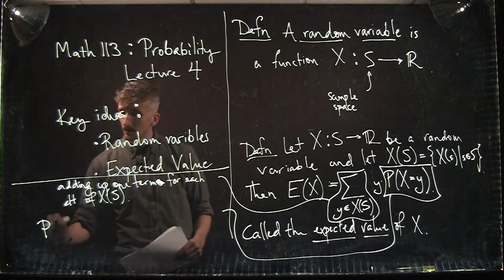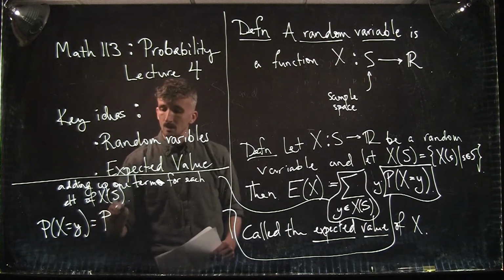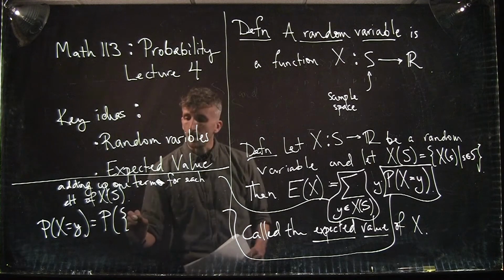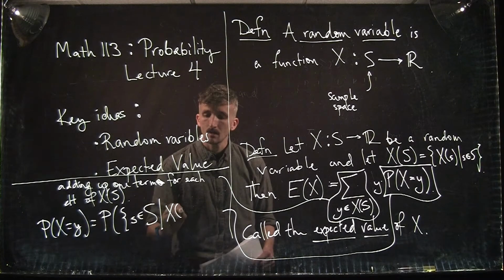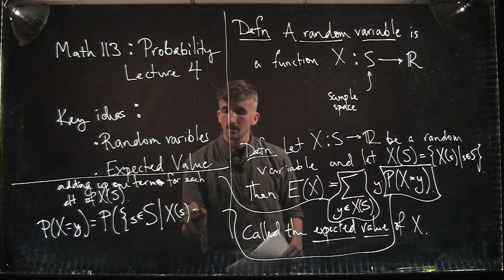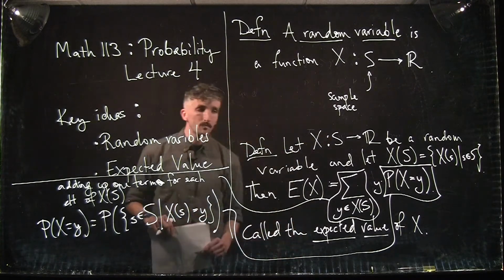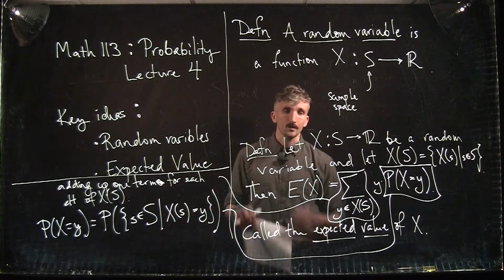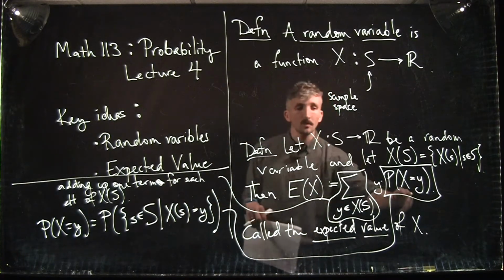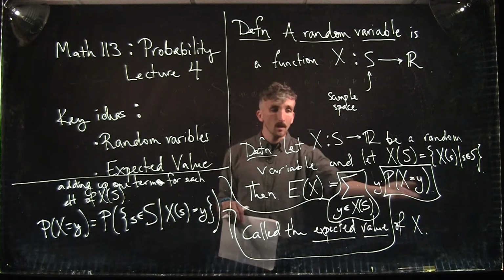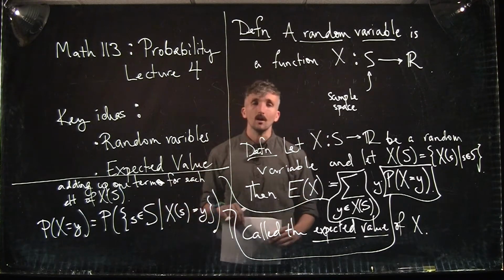So here the probability X equals y is indeed the probability of the event that we have an element of the sample space such that the random variable evaluated there is equal to y. Okay, so once we're comfortable with summing over the image and also comfortable with interpreting this probability, we have a perfectly well-defined number which comes out as the expectation or average value of X.